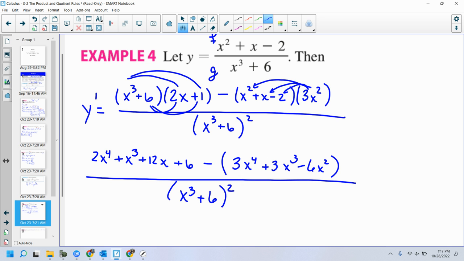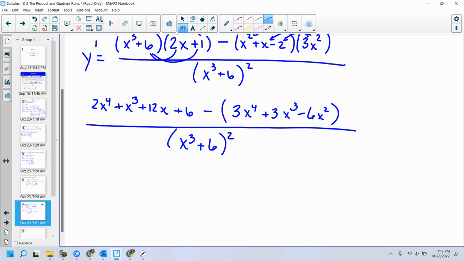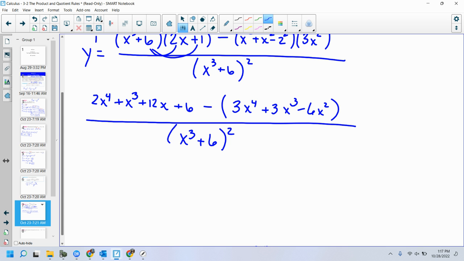You don't really want to, because you should try to reduce down the numerator so that maybe you could possibly factor something out of the denominator, and that's technically in factored form, x to the third plus 6 squared. So let's reduce it a little bit. I've got 2x to the fourth minus 3x to the fourth, so negative x to the fourth. I've got x to the third minus 3x to the third.